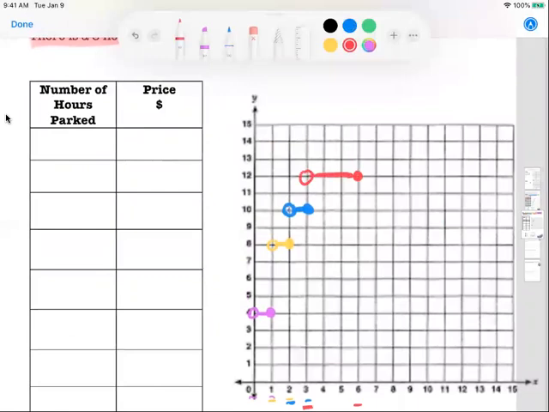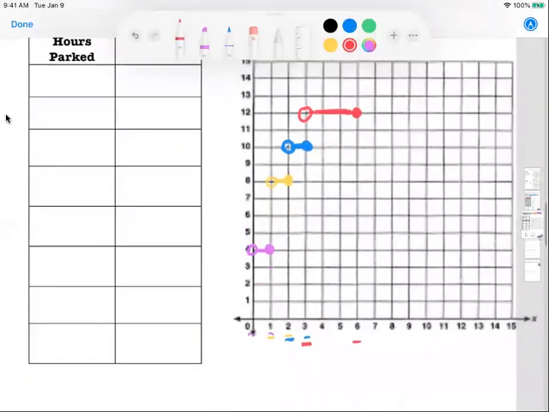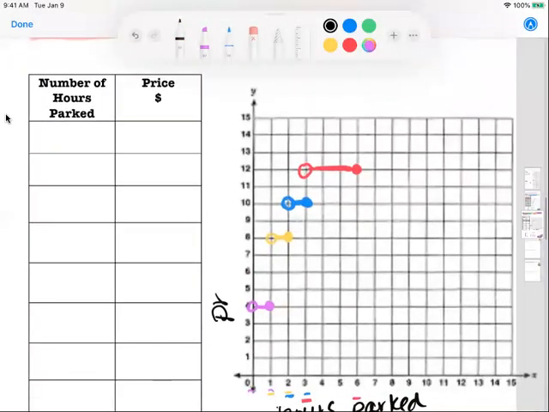Beautiful. Now we can't forget to label our axes. So remember, we said our X is our number of hours parked, and our Y is the price in dollars. Okay, so we could have made our graph here.